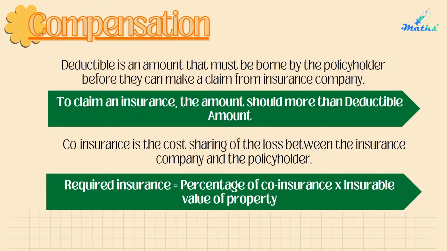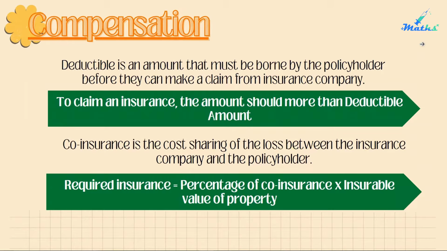So in compensation, we need to know what is deductible and what is co-insurance. Deductible is an amount that must be borne by the policyholder before they can make a claim from the insurance company. So to claim insurance, the amount should be more than the deductible amount.